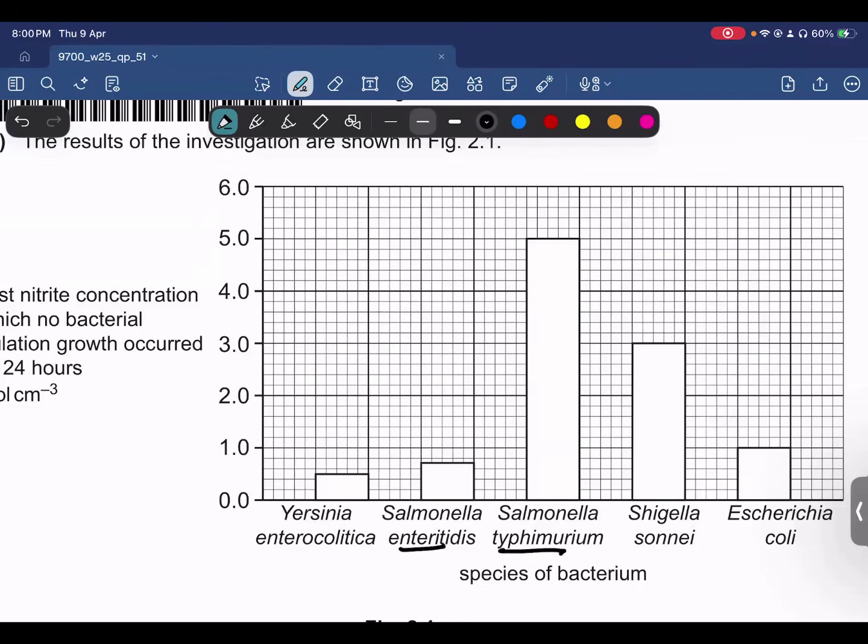Meaning, how did you reach your answer? So first, from the graph, this entry is 0.7, and the other one is 5.